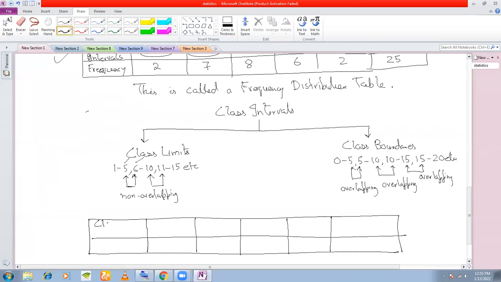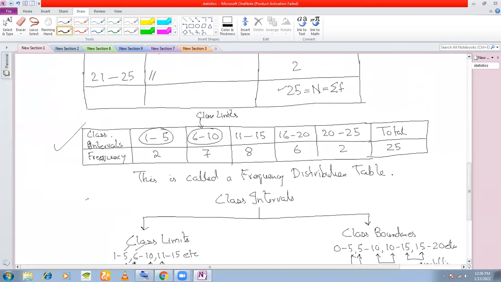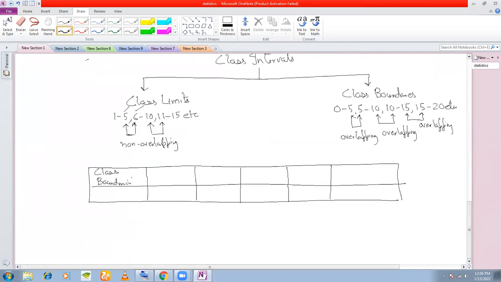Instead of class intervals, you'll write class boundaries here, because you are converting class limits to class boundaries. These are in brackets, you can write class limits. Now that you know the definition of limits, we are going to write here class boundaries, and here frequency.